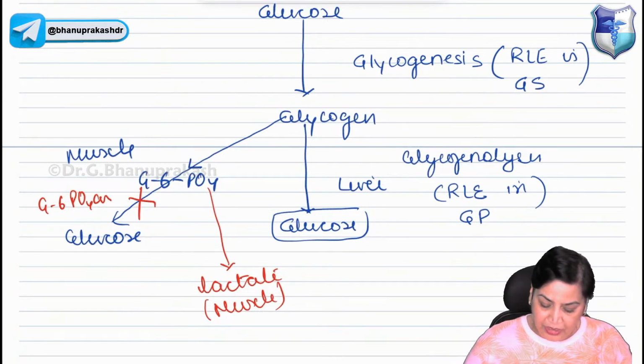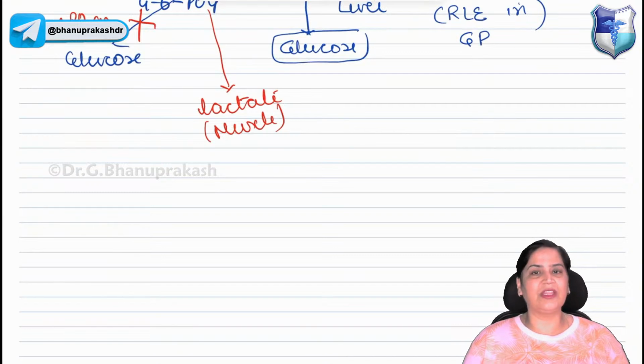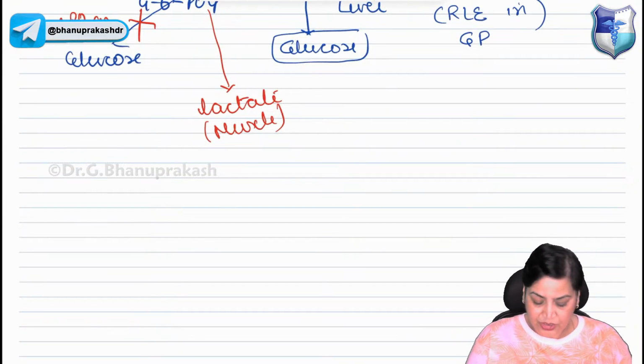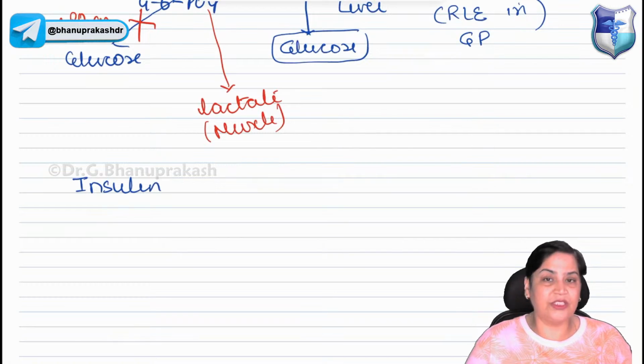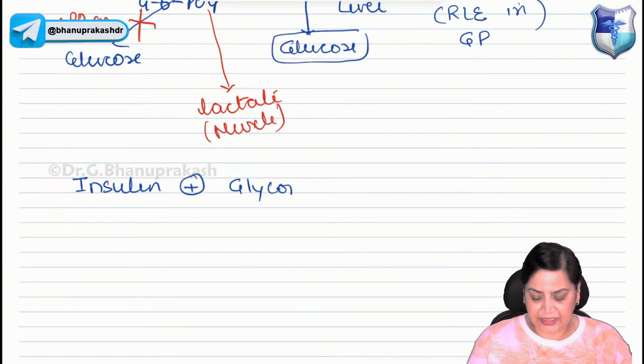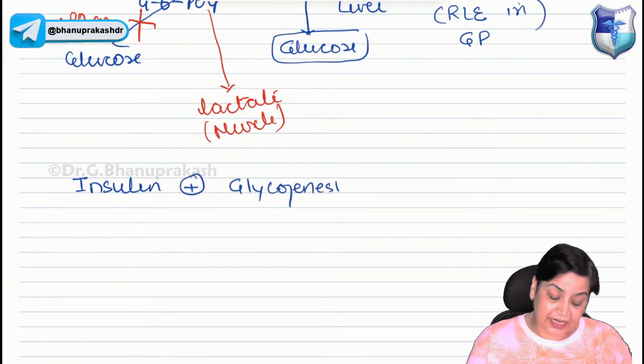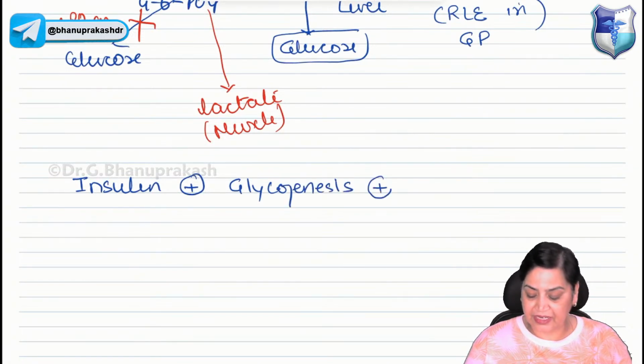And the most important point I told you, biochemistry without regulation is nothing. So I told you that insulin, because insulin is an anabolic hormone, accelerates the process of glycogenesis. Now, how can it accelerate the process? By activating glycogen synthase.